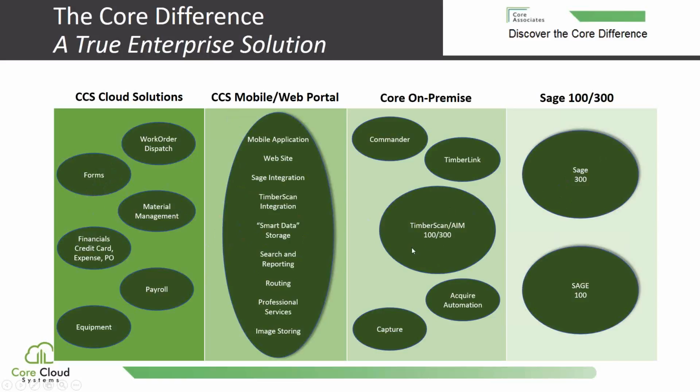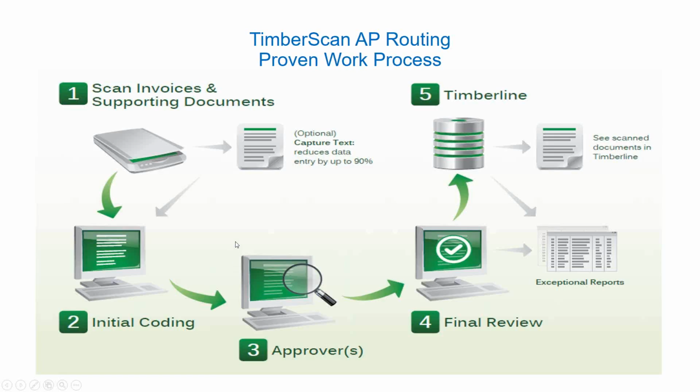The same entry point validation, the same single touch functionality, no duplicate data entry: all the features we pioneered in the TimberScan world, we've now incorporated in our portal world. You get the same look and feel, the same ergonomic design, so you can start documents out in the field on a mobile phone and have them flow all the way through to Sage without double entry. That's our claim to fame.